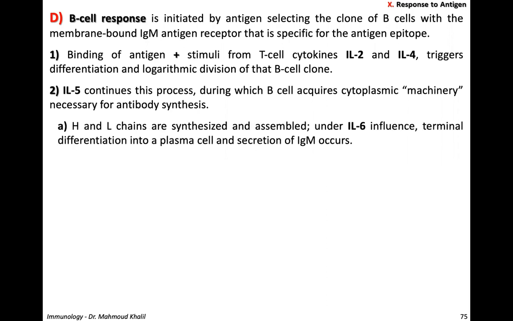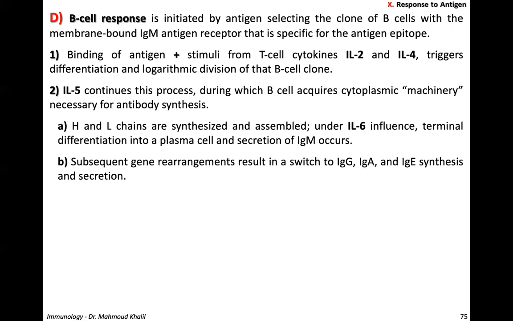Of course, the heavy and light chains are synthesized and assembled under the influence of interleukin 6. So now we can understand the different steps of rearrangement and class switching. Every different step needs an influence from a cytokine. This will lead to a terminal differentiation into plasma cell and the start of the secretion of the IgM.